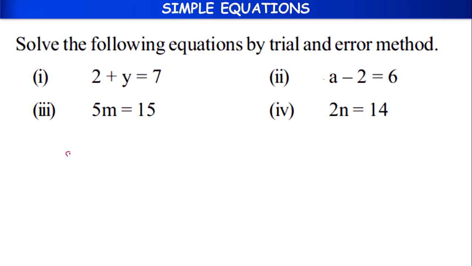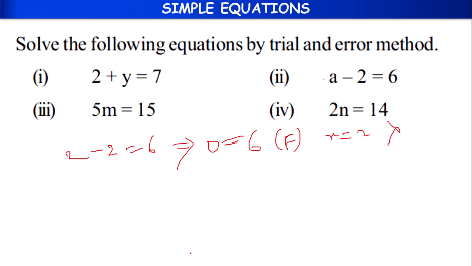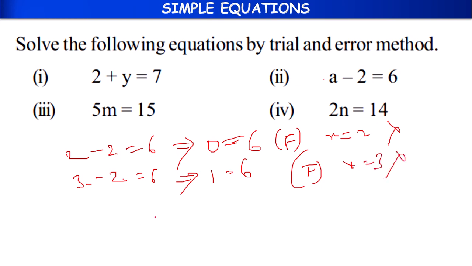Next, let's substitute 2. 2 minus 2 equal to 6 implies 2 minus 2, how much? 0 equal to 6, which is false. So, a equal to 2 is not the solution. Let's substitute 3. 3 minus 2 equal to 6 implies 1 equal to 6, which is false. So, a equal to 3 is not the solution.